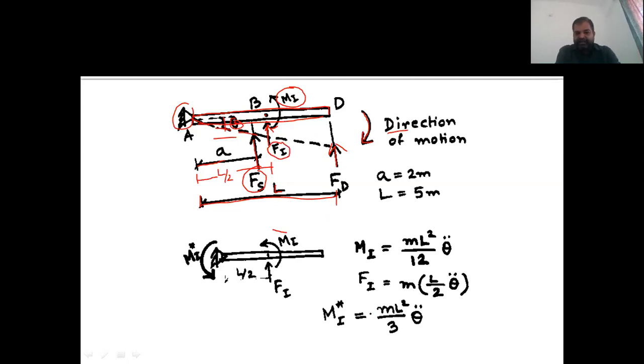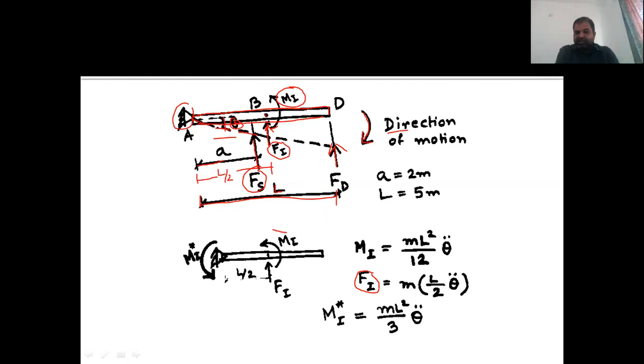So the Fi is equal to, as per definition, m into the double derivative of displacement of the mass. The mass is acting at the centroid of this particular beam, which is at L by 2 from here.